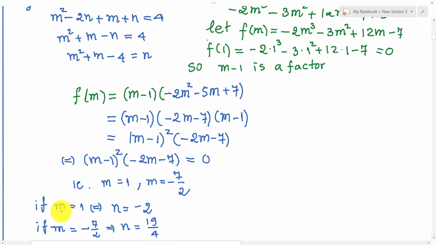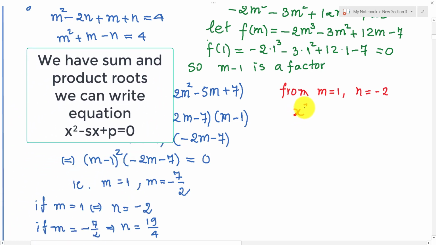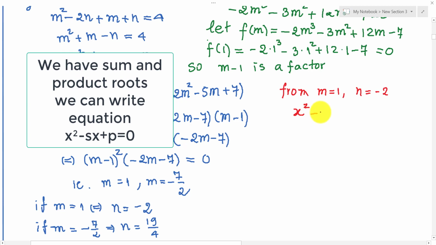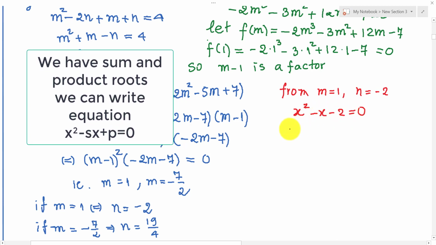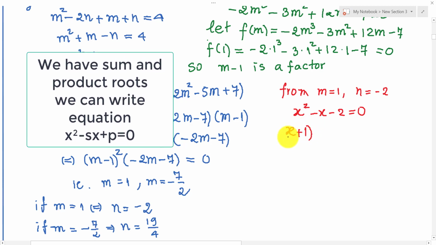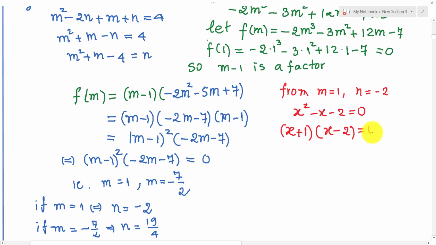Okay, now from m equal 1 and n equal minus 2, we get the equation h squared minus h minus 2 equals 0. So I can write it h plus 1 and multiply h minus 2 equals 0.